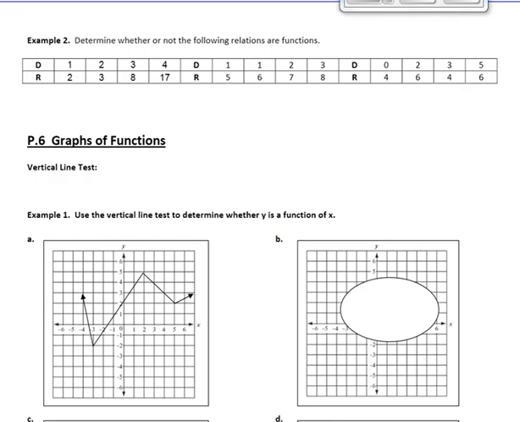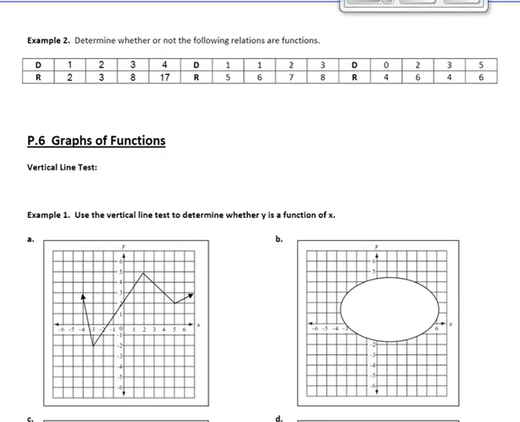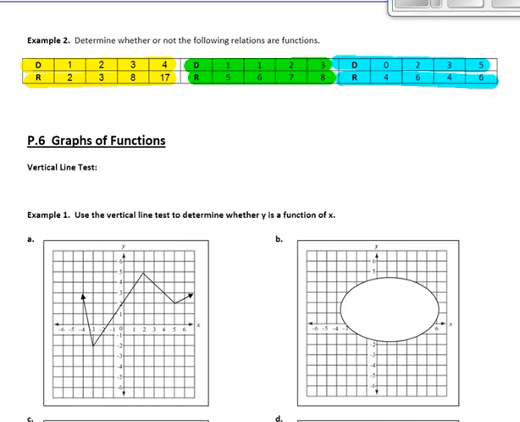Second part of this is kind of looking at ordered pairs again, except this time in a table. So let me highlight a couple of these. Here is the domain for this one and the range. And then here's the domain for the second one and the range. And then here's the domain for the third one and the range.